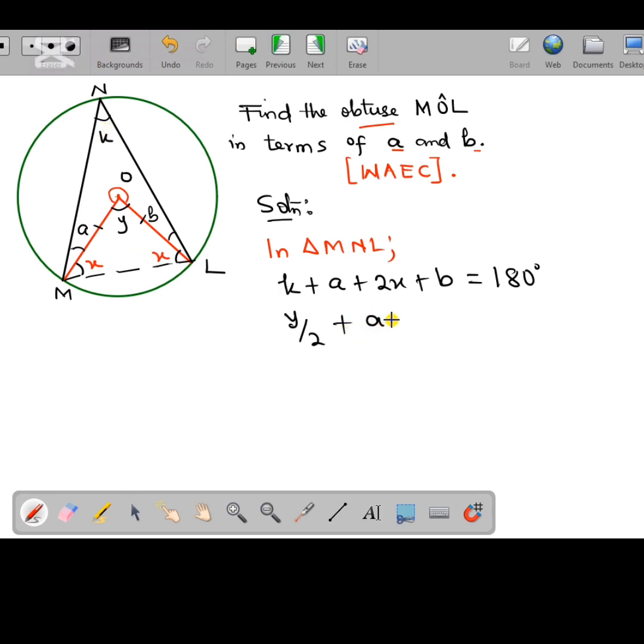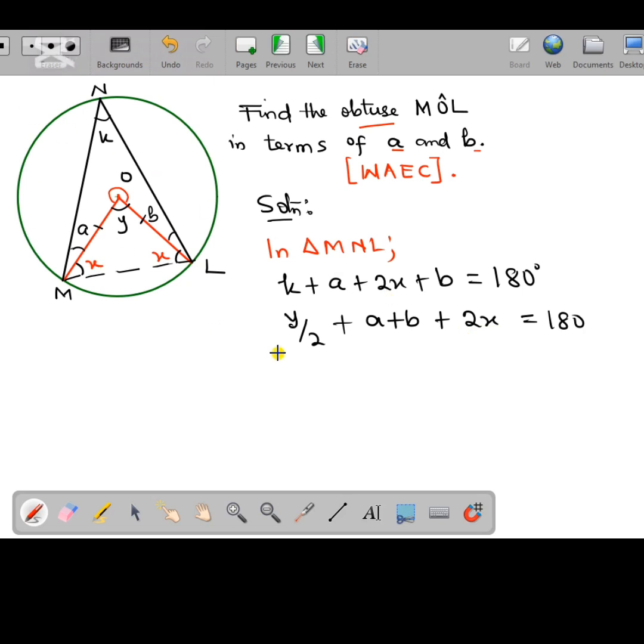So you have plus, let me bring my B together to A, since that is what we are looking for. We are looking for a way to write our angle in terms of A and B, so everything is equal to 180.